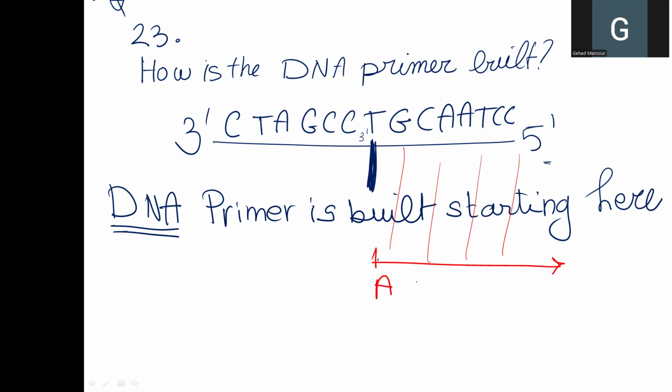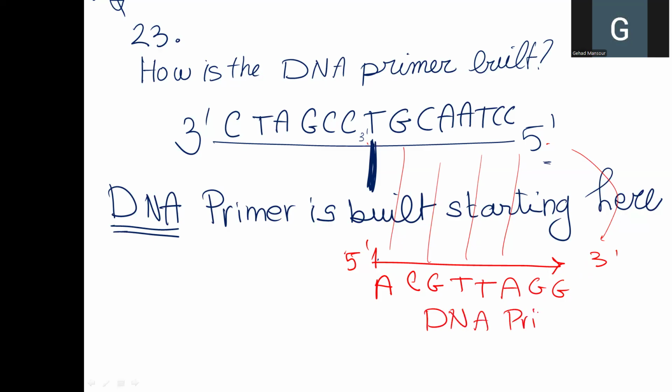So here you will have A, and then in front of the G, you will have C, and then G, and then T, and then T, and then A, G, G. In this way, it would have been built in the direction 5', which is complementary to 3', and here 3' complementary to 5'. This is the DNA primer, and this is how it is built.